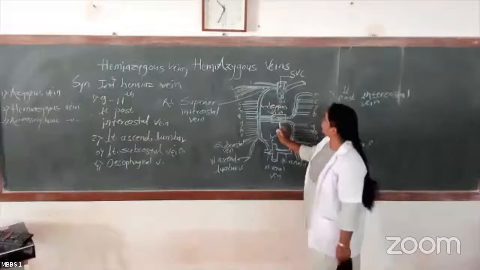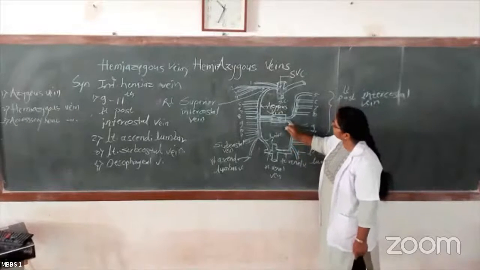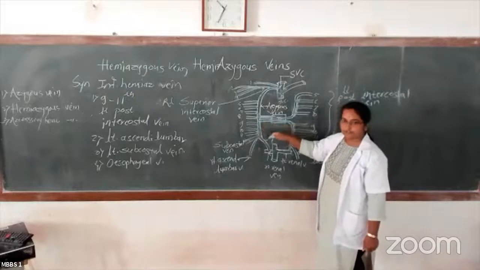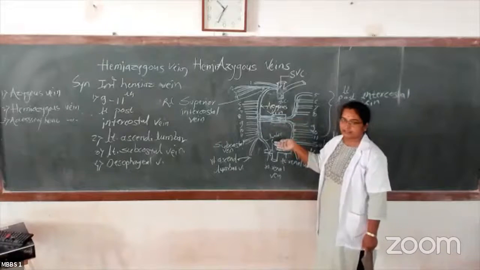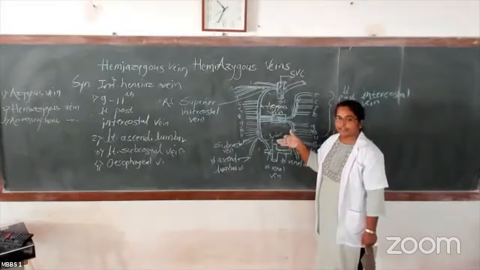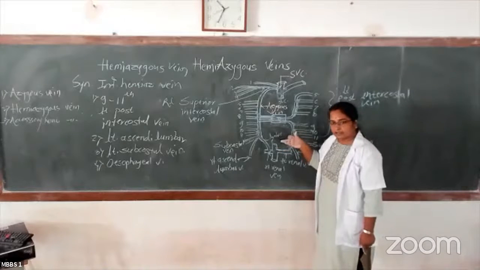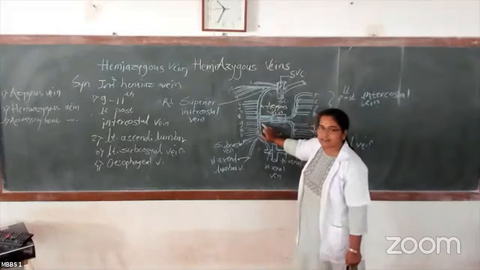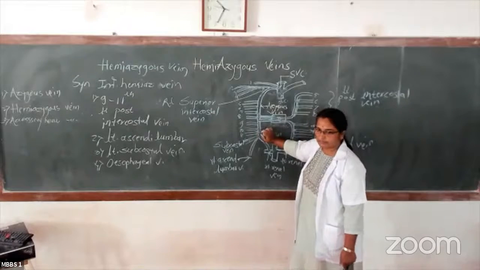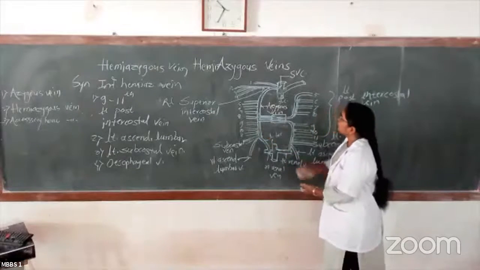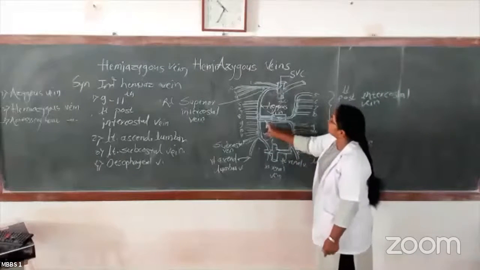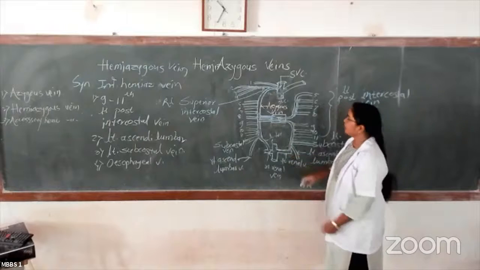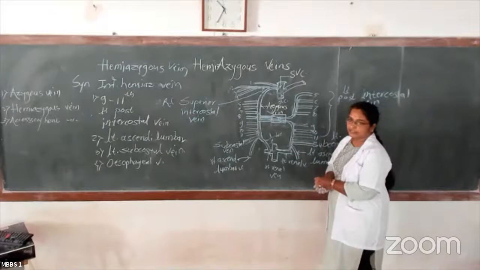So at the level of 8th thoracic vertebra, it turns to the right side in front of this vertebral column, but behind the aorta, esophagus and thoracic duct, and it opens here in the azygous vein. So this is the formation and termination of this hemiazygous vein along with the tributaries.